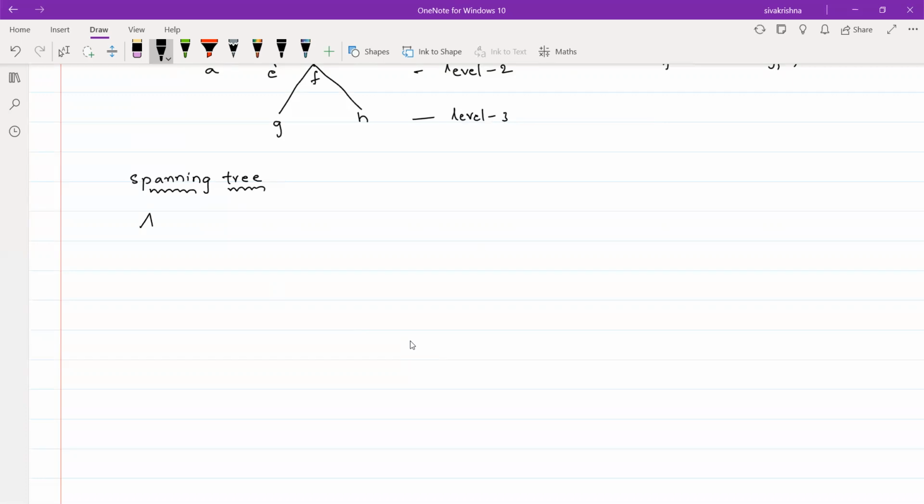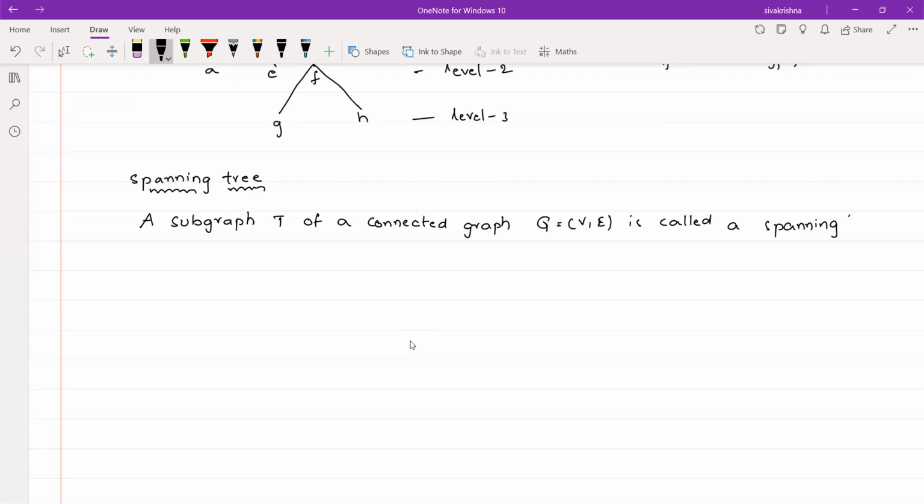So the definition: a subgraph T of a connected graph G = (V, E) is called a spanning tree if it satisfies two conditions.